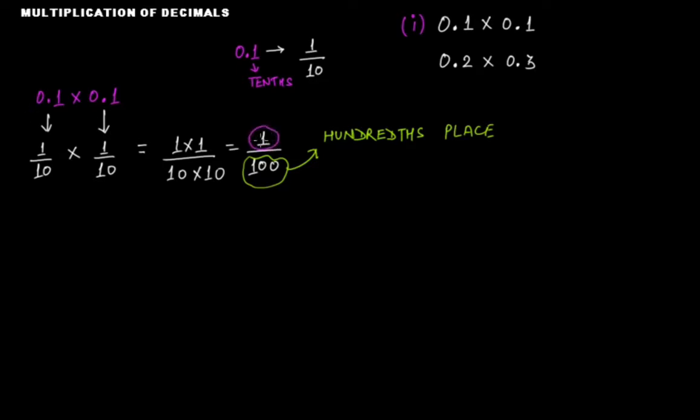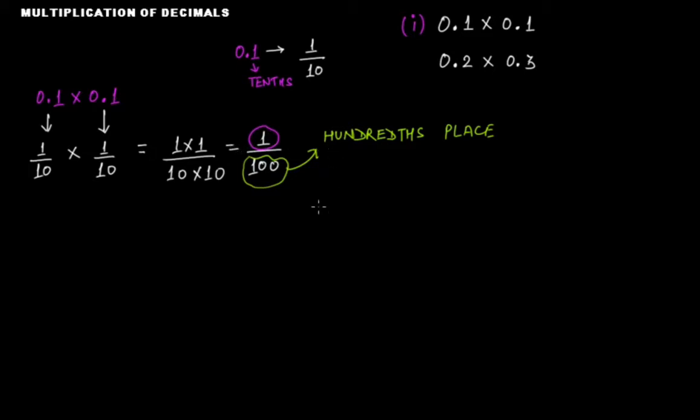Since the multiplication of 1 over 10 and 1 over 10 comes to 1 over 100, this 100 tells us about the hundredths place, and this 1 tells us that it is present at the hundredths place, and there's no tenths place.